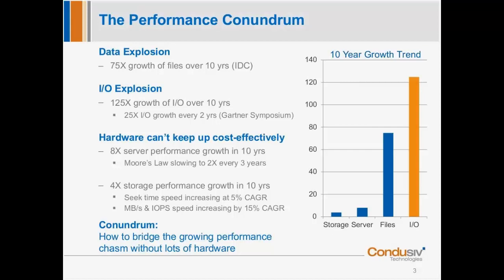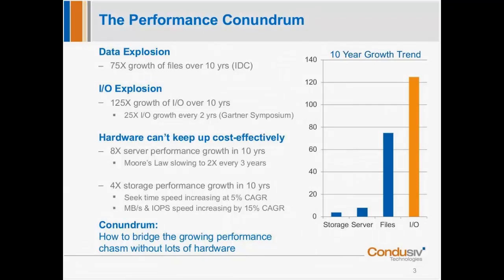A leading Gartner analyst at a recent conference noted that I/O will grow by 25x over the next 2 years alone. Now the challenge is hardware can't keep up with this data or the I/O explosion cost effectively. Over the next 10 years, hardware performance is expected to increase by 4 to 8 times, and even if you double that, it's clear that hardware can't keep up.